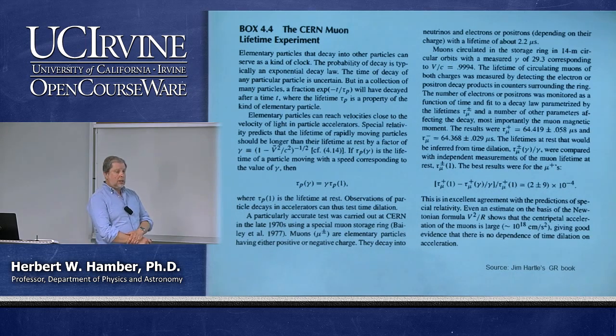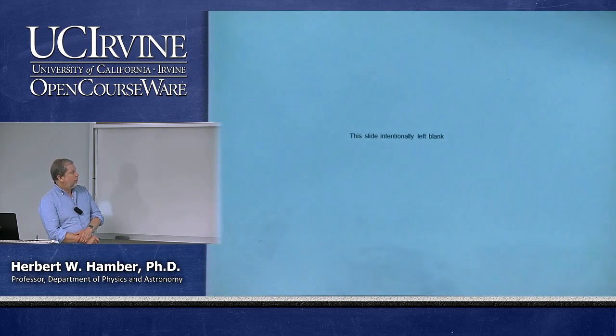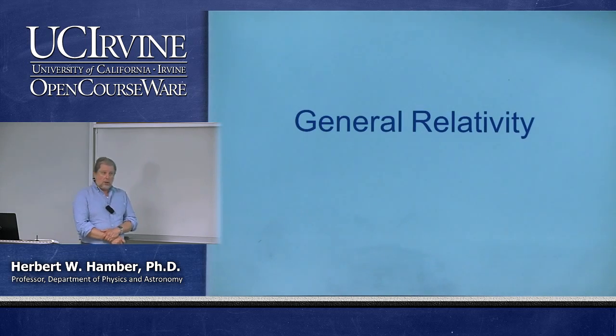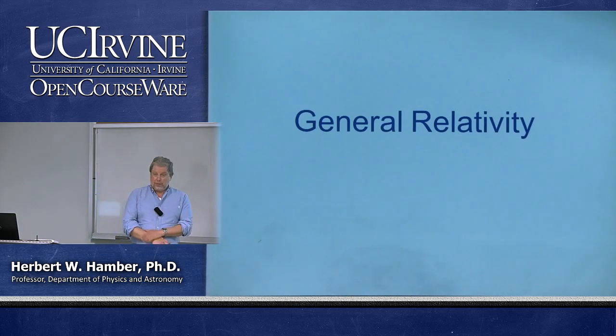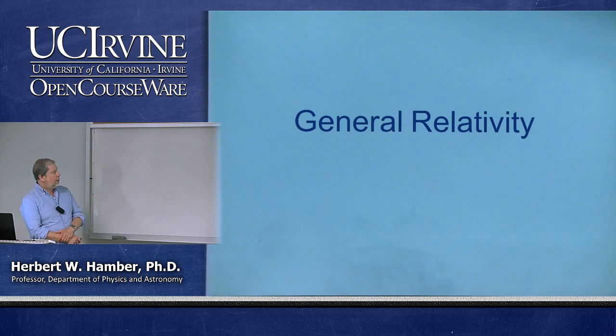Their lifetime is not too short. Again we're talking about gammas, right? The gamma is listed somewhere up there, and so it's a significant relativistic effect that comes into play. So this is all I'm going to say about special relativity, as I think some of you might have known about this muon decay stuff.